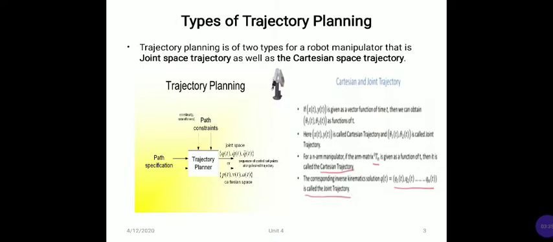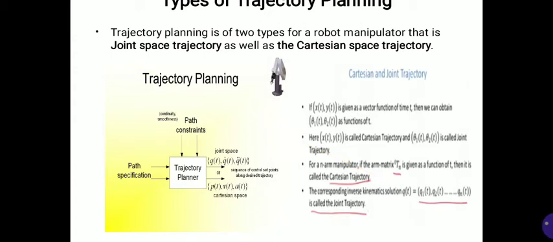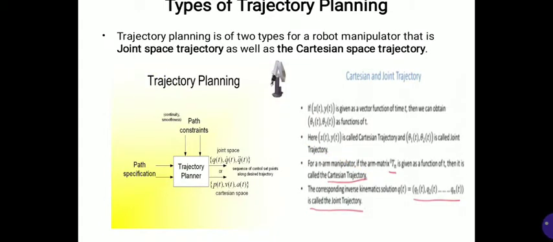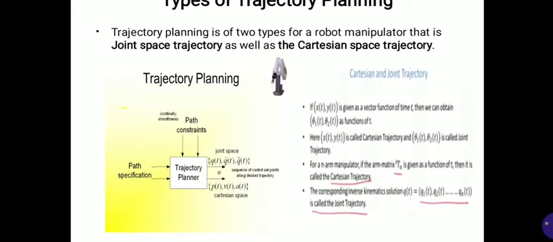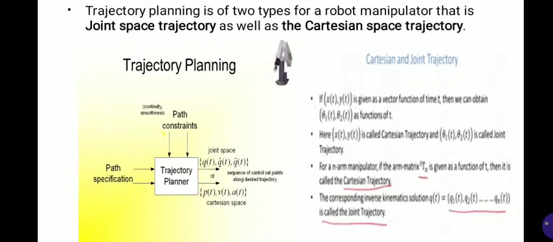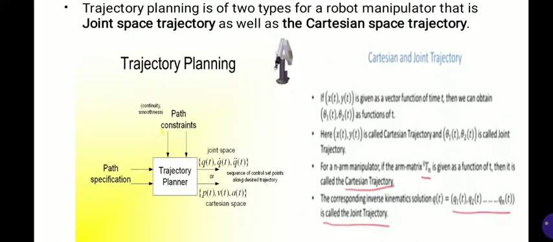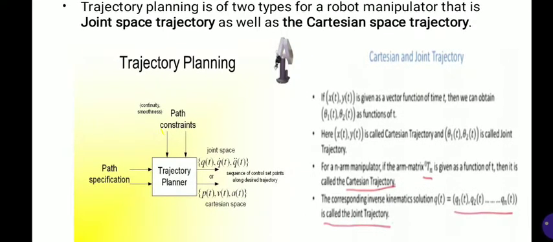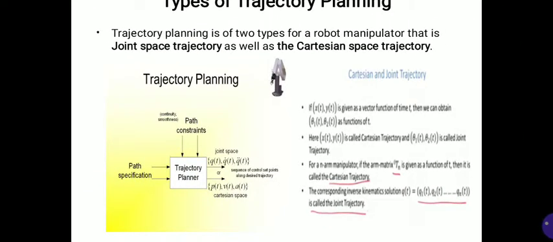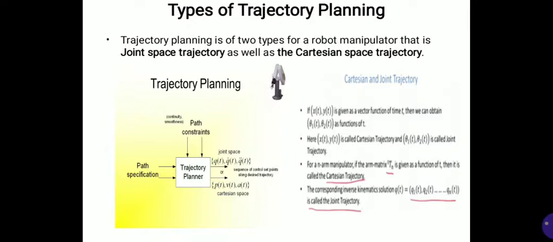To study the trajectory, we have different types of cases: joint space trajectory and Cartesian space trajectory. In the joint space trajectory, we are generally defining the position, velocity and acceleration, while in Cartesian space trajectory, we are defining parameters like position and velocity in Cartesian coordinates.